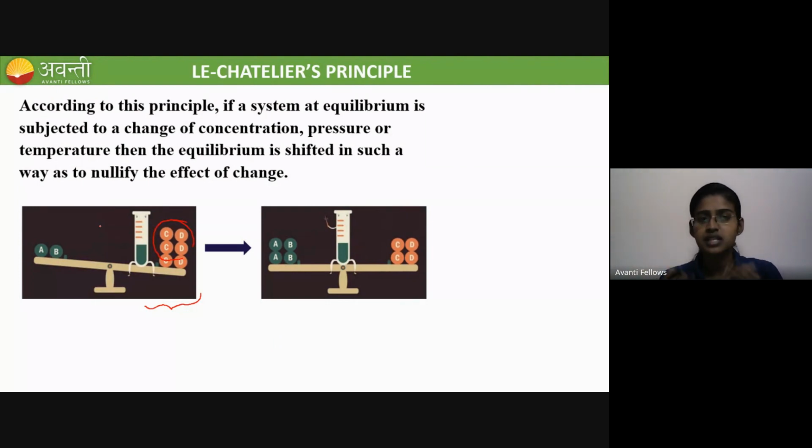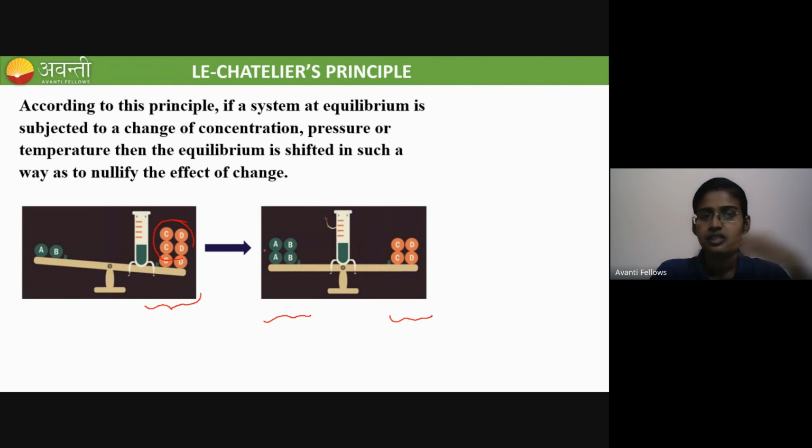So how does it nullify? By shifting the C and D to the A and B side. That means the reaction will go in the backward direction and it will nullify that effect. Clear? So one of the D has gone to the AB side, and at last we got 2A and 2B and here 2C and 2D. Now it has attained the equilibrium state.